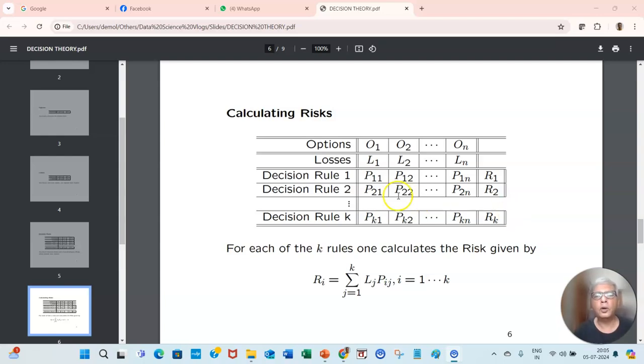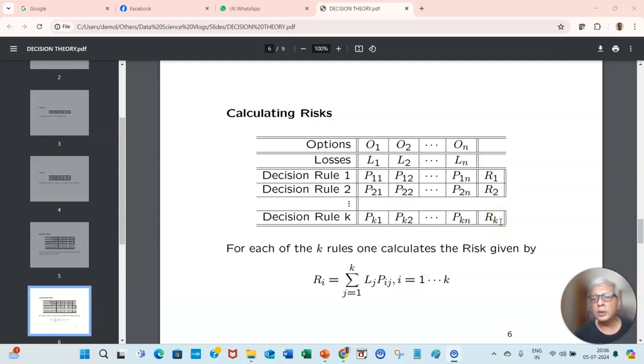Now, for each decision rule, you calculate the risk R1, R2, Rk, which is given by summation j equal to 1 to n of Lj Pij for the ith decision rule. That's the risk of the rule. R1 is the risk of rule 1, R2 is the risk of rule 2, and Rk is the risk of rule k.